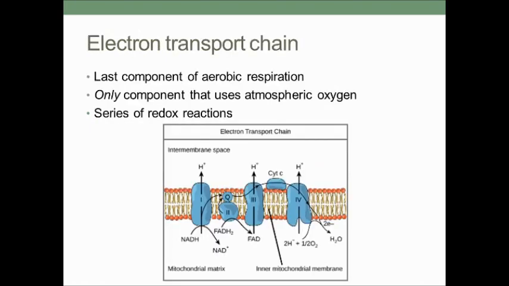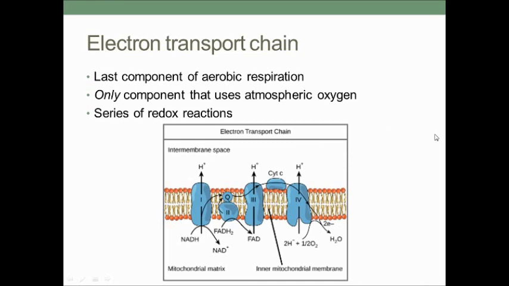So, going back for a second, this is an overview of the entire electron transport chain. We have all of these complexes that are numbered in Roman numerals, so 1, 2, 3, and 4. We also have some cytochromes and a Q complex.